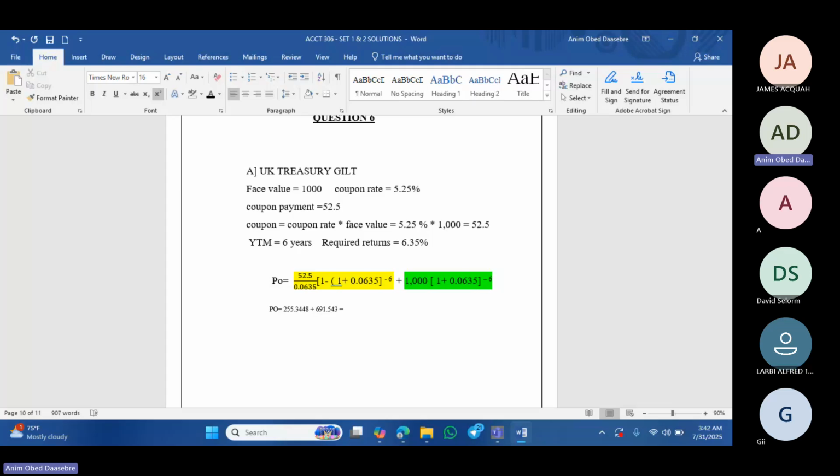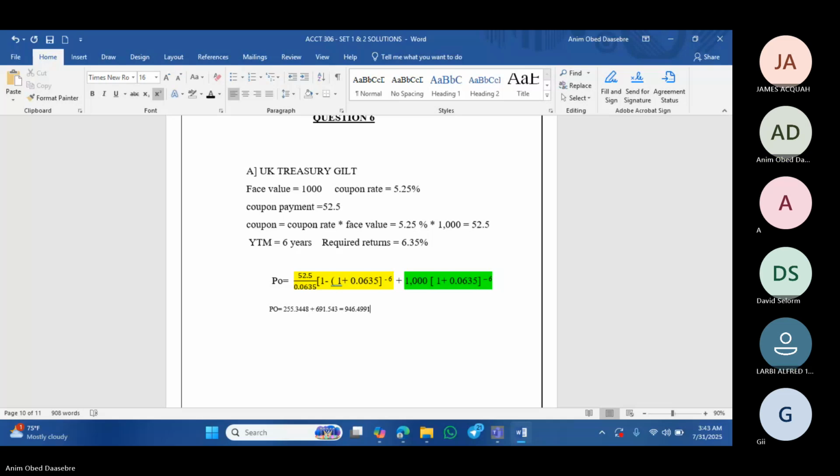So in all, we are going to get 946.4991.